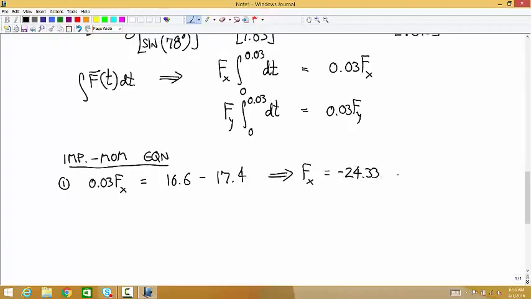Negative 0.8, right? Negative 0.8 divided by 0.03. Yeah, I get negative 26.6 repeated. Okay.